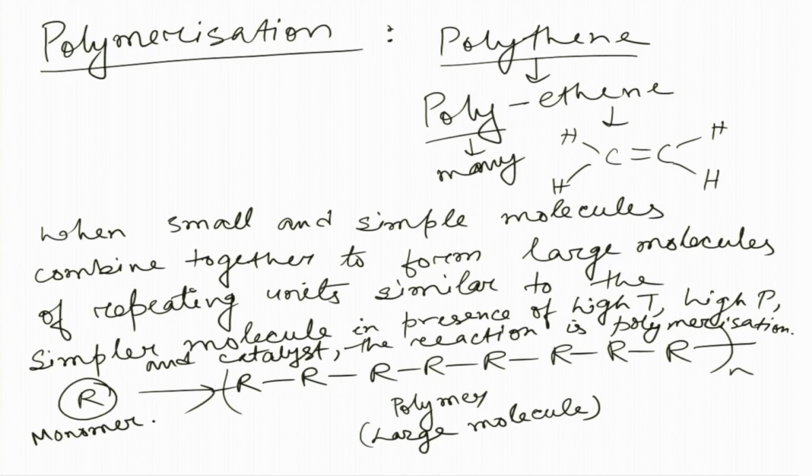Okay, so alkenes show very good examples of polymerization. The first one is ethene, of course.